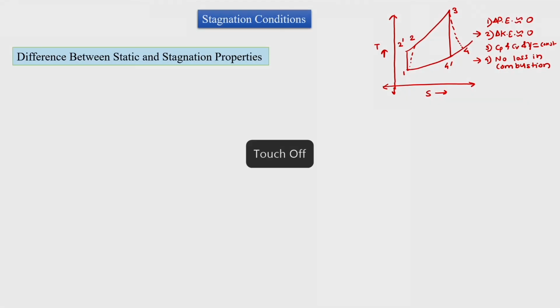We will not consider these as assumptions, and we will counteract them and take proper action for them. While considering that, we first have to know what we mean by stagnation condition.